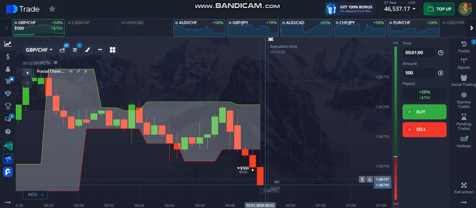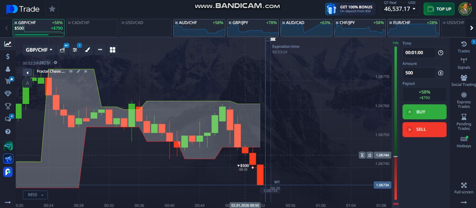And if you notice here, there was another level of support that the candle broke through here. So once I saw the candle break through the previous levels of support, not the current level of support that the first candle broke, but there's another lower level of support here.